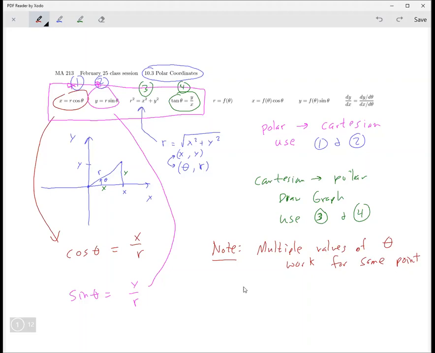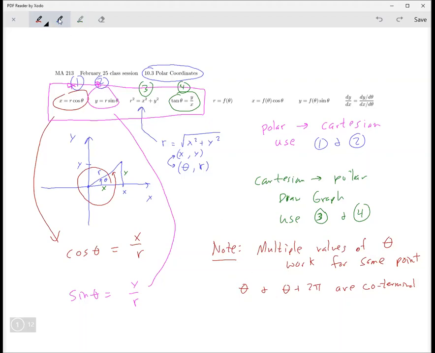For example, theta and theta plus 2 pi are coterminal. 2 pi is the distance all the way around the circle, so if you have an angle theta and come around to theta plus 2 pi, it's the same angle. So it'll also work in polar coordinates. Usually, to get around that, they'll specify conditions, maybe make theta between 0 and 2 pi.